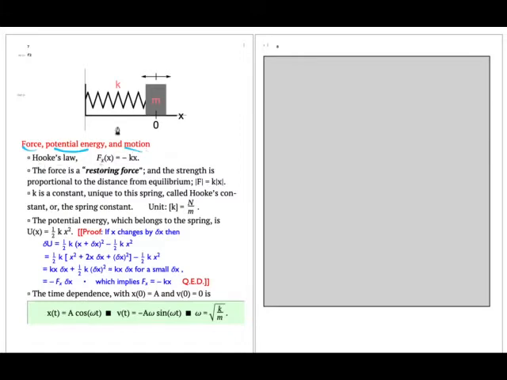The force, since it's only one-dimensional motion, the mass only moves in the x direction. So I'll call the force F sub x for force in the x direction. And the strength of the force will depend on how much the block is displaced. So I'm going to move the block over here, and this distance will be x.